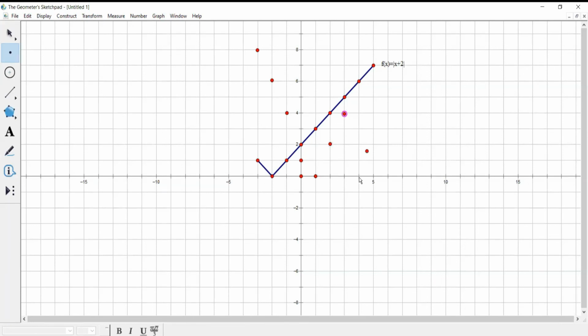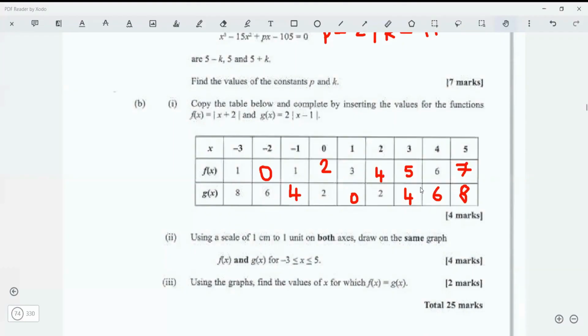Then we have 4, 6, which is right here. Then we have 5, 8. All right, that's what we have. That is our g of x. So we're done now.